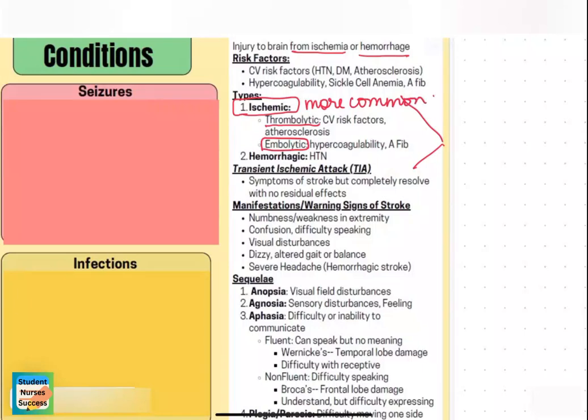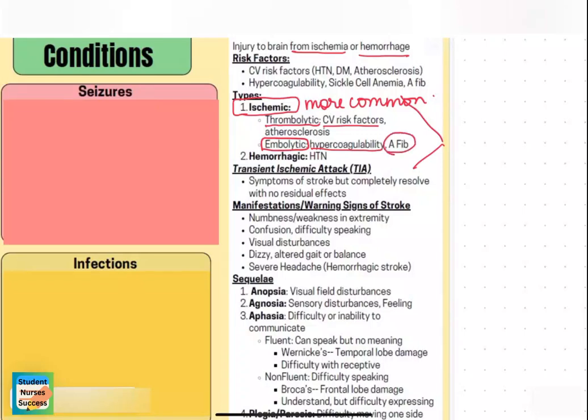With ischemic strokes, we see cardiovascular risk factors being significant in the risk of developing one. Specifically, even atherosclerosis or narrowing of vessels can cause thrombolytic strokes. We also know that with an embolytic stroke, or a traveling clot that can lodge, hypercoagulability states, maybe if you have a clotting disorder where you're making too many clots, or atrial fibrillation are risk factors.